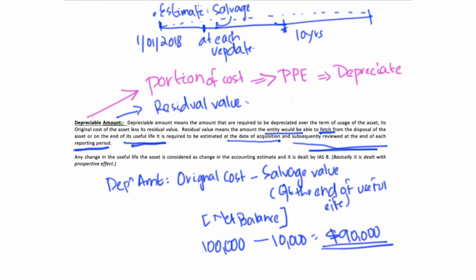If there is a change in the estimation, it's a change in the accounting estimate, and a change in the accounting estimate is dealt with prospectively. The accounting will be done on a prospective basis rather than a retrospective basis. We will discuss this point through an example.